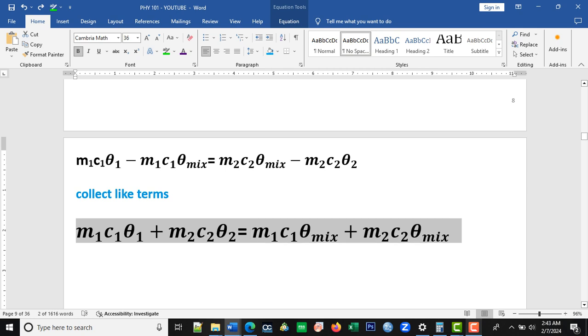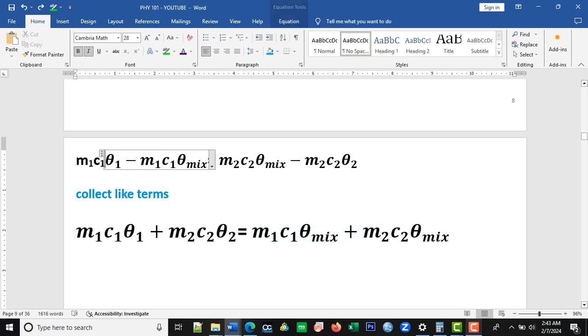How did we get this? We had minus M1 C1 θ mix. We now move it to the right hand side. So the negative sign here changed to a positive sign. Already this one was plus, so we didn't do anything. And we already had M1 C1 θ1 here by the left hand side.